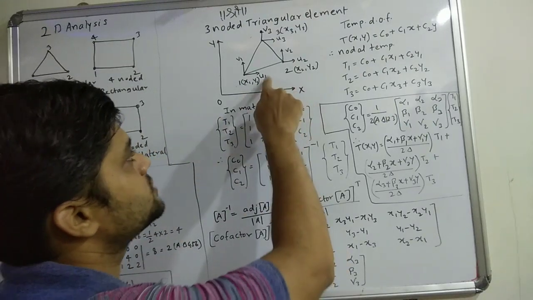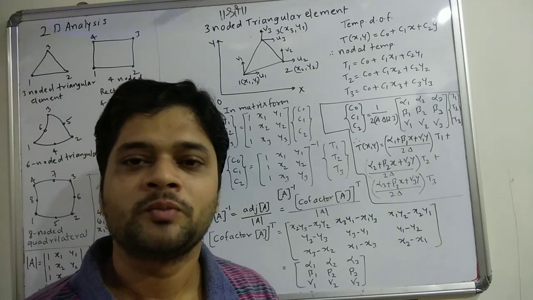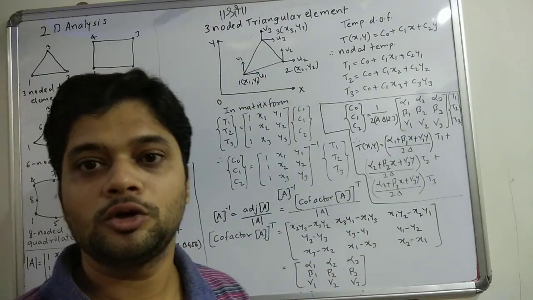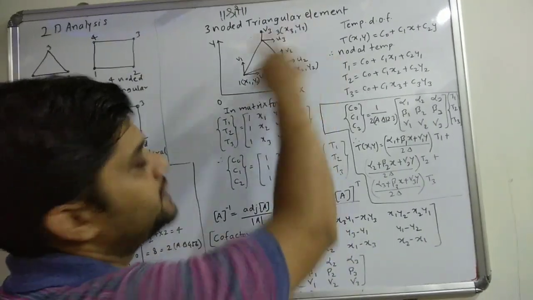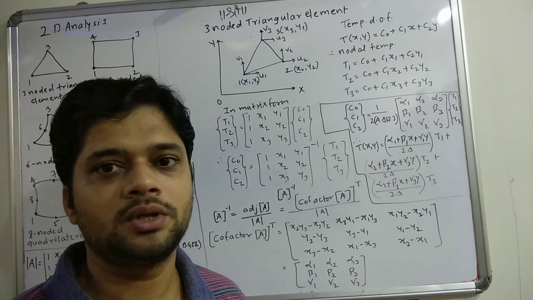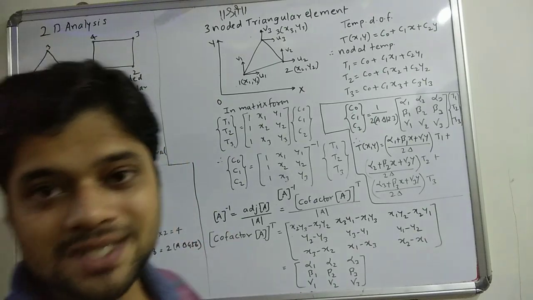Along x I am specifying the variable as u1, u1 being the primary variable along x, and v1 being the primary variable along y. So on each node there are 2 degrees of freedom. I have 3 nodes in the triangular element, so 2 degrees of freedom on each node multiplied by a total of 3 nodes gives me 6.